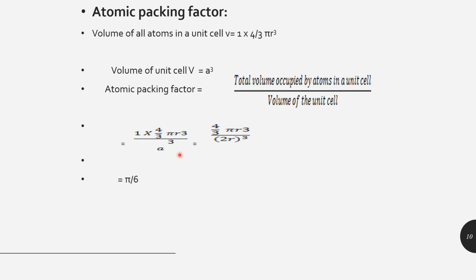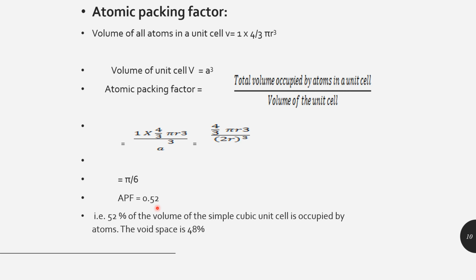Solving this, you can substitute a equal to 2r and you get pi by 6. Substituting pi equal to 3.14, you get the atomic packing factor as 0.52, which in terms of percentage is 52%. That is, 52% of the volume of the simple cubic unit cell is occupied by the atoms.